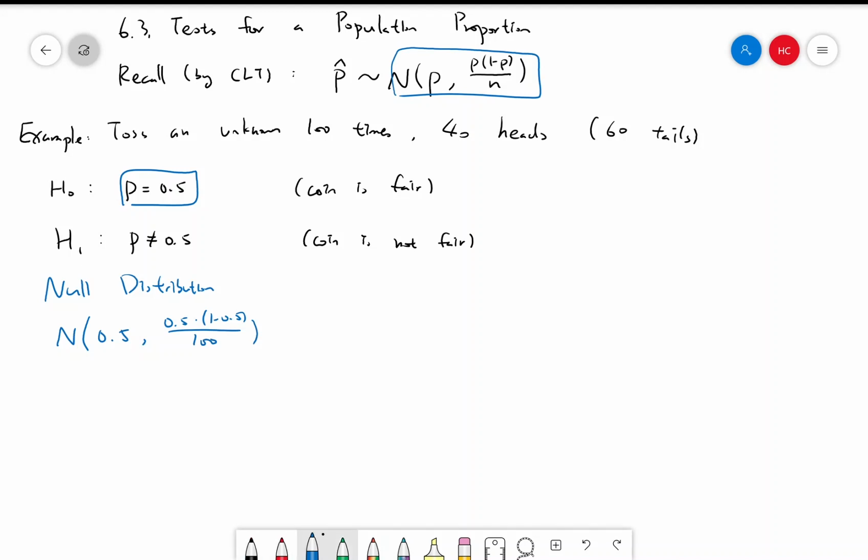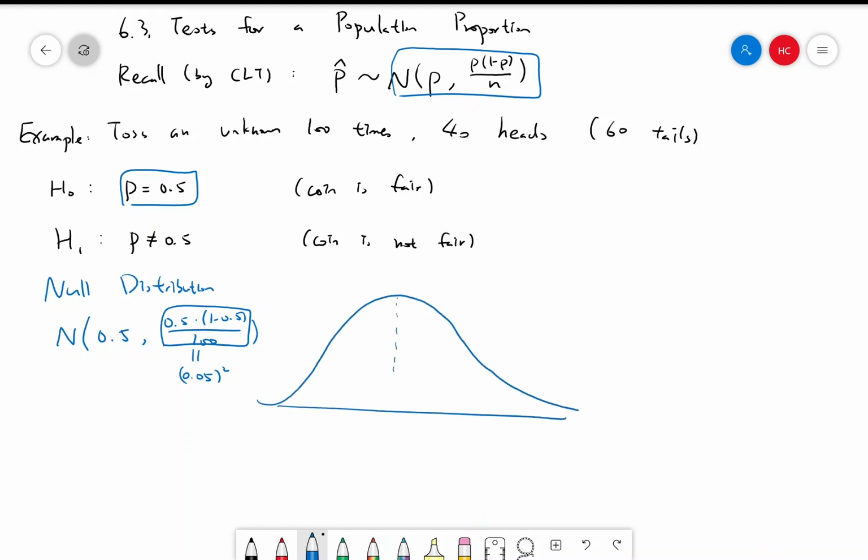And if we calculate this, this is equal to 0.05 squared. So the null distribution has mean 0.5 and standard deviation 0.05.